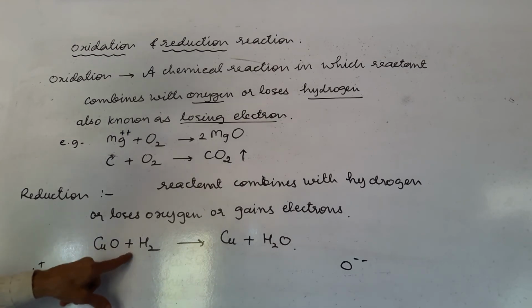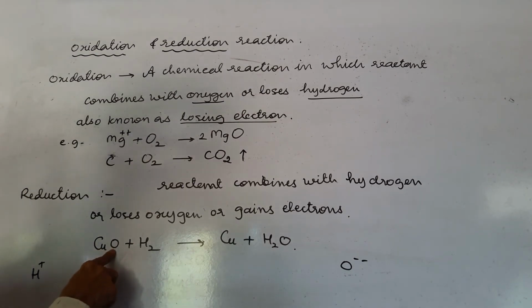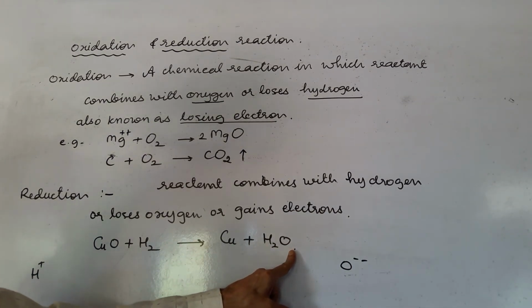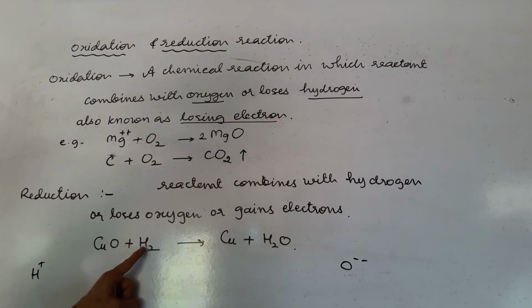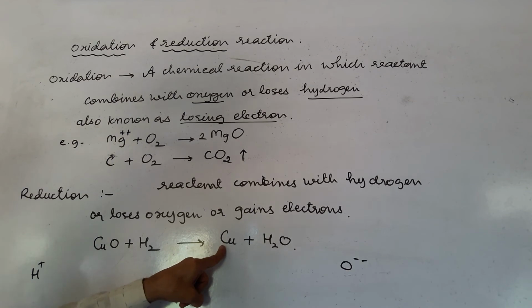Copper oxide with hydrogen. You will find that hydrogen has great affinity, attraction for oxygen, and therefore it takes oxygen from copper to form water. So here you will find that hydrogen is oxidized. But to oxidize hydrogen, copper is reduced.